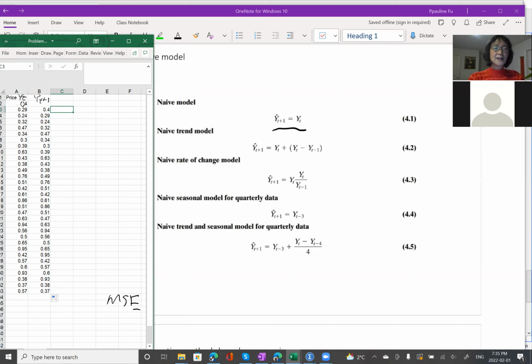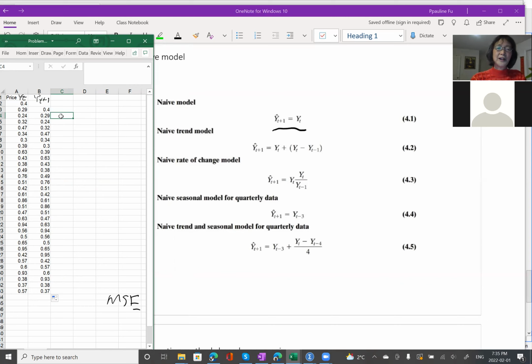But there is no data before 0.4. If there is no data, sometimes you can assume it is 0. Sometimes you can assume the average of all the data. Sometimes you just go to the next level. You start here to use formula 4.2.